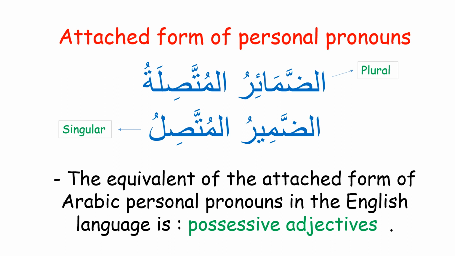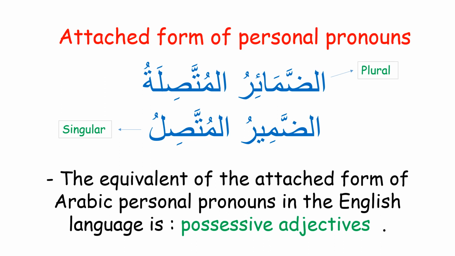It's crucial. Right. That is to say, in other words, the Arabic language has its own way to express possession. And the question that arises here is, how do we say, for example, my book, your book, his book, and her book in Arabic? Let's delve in to find the answer.